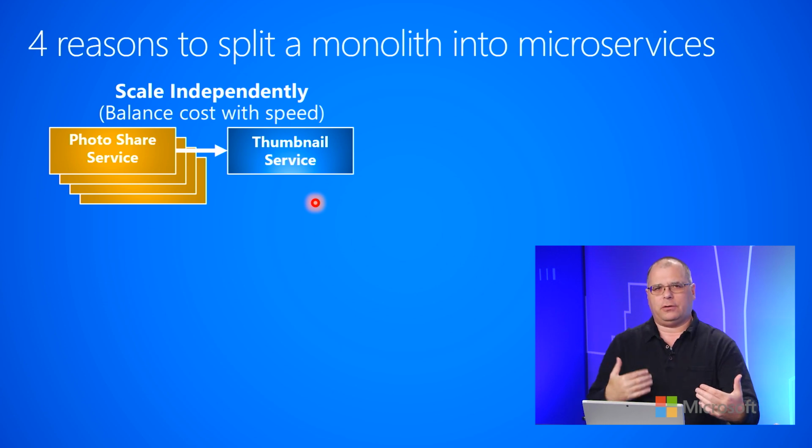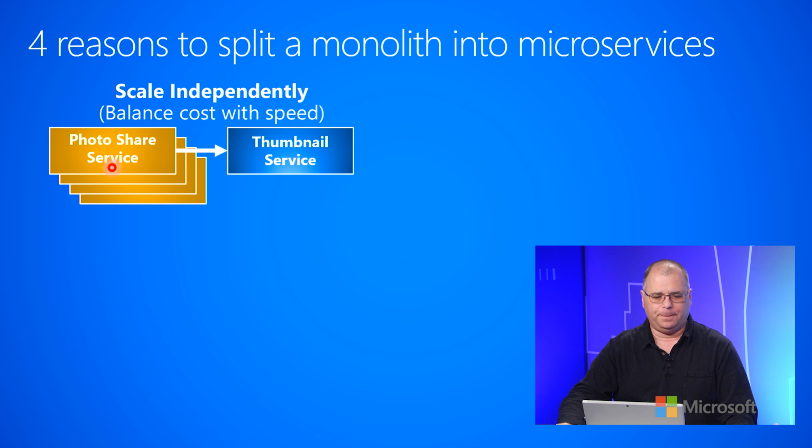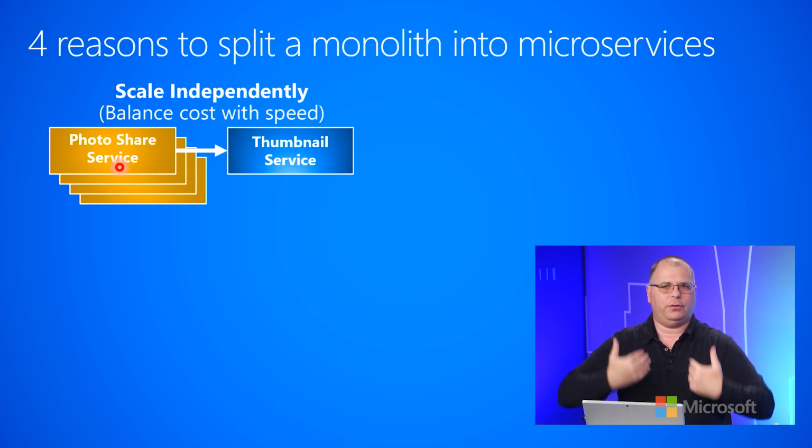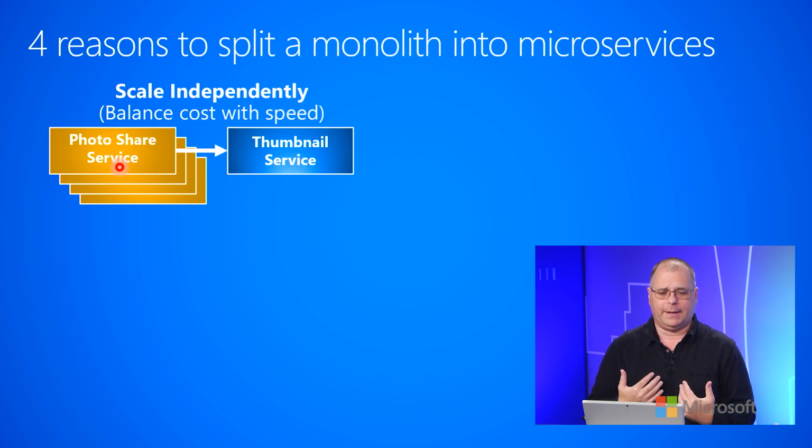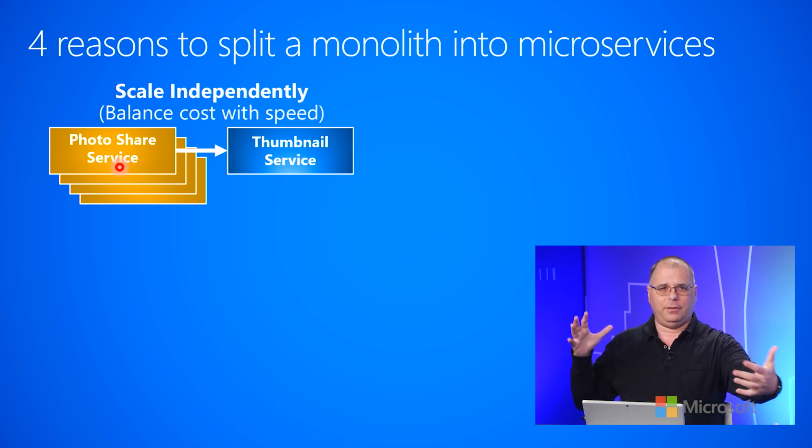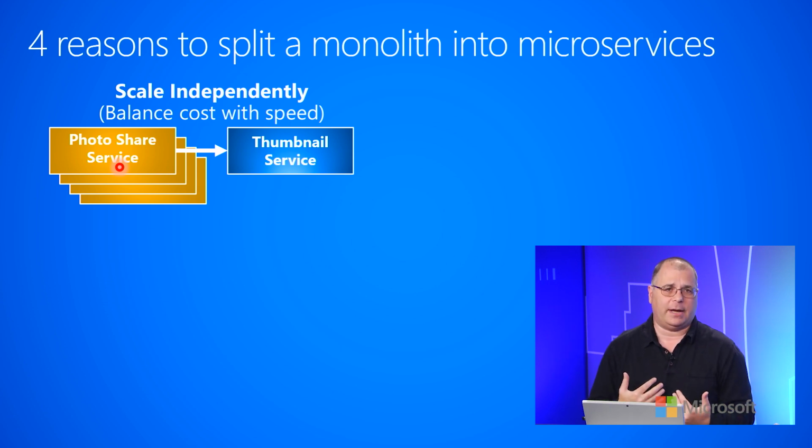Well, the photo share service, the front end, if you will, which is the main website for this application, is going to have people uploading photos, and it's also going to have people just looking at photos on it. And so we might need to scale this service onto lots of different machines depending on how many customers we have. Now today, if we're building this service, we might not have very many customers.